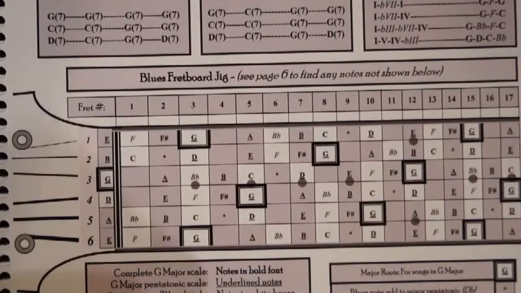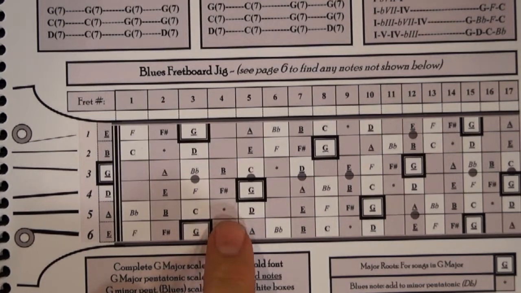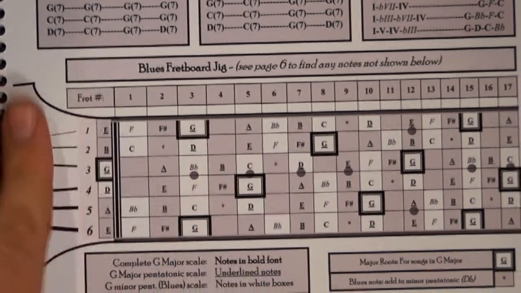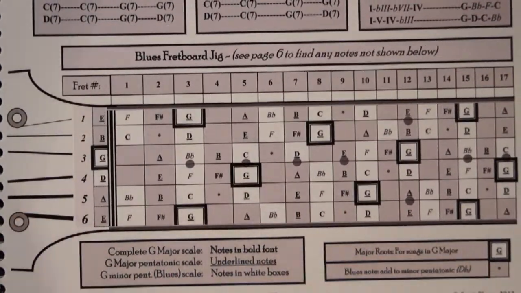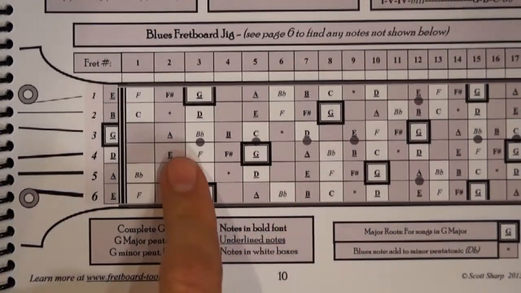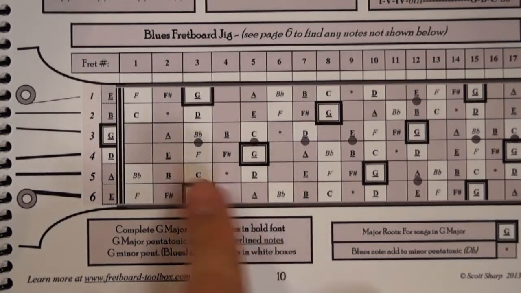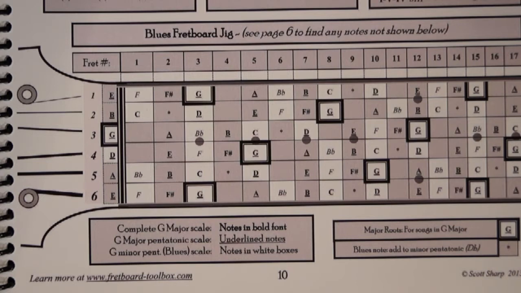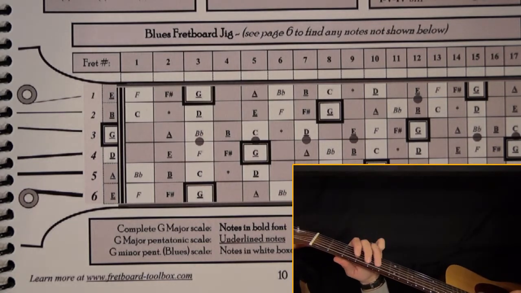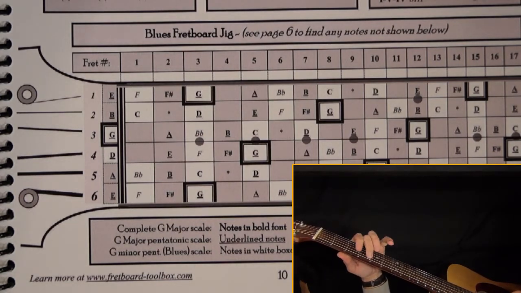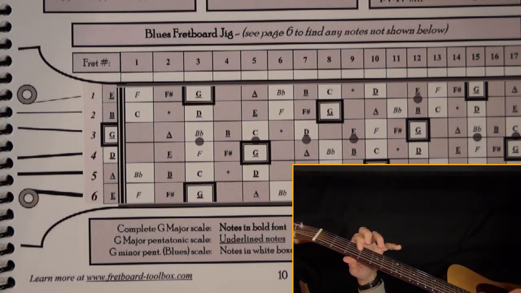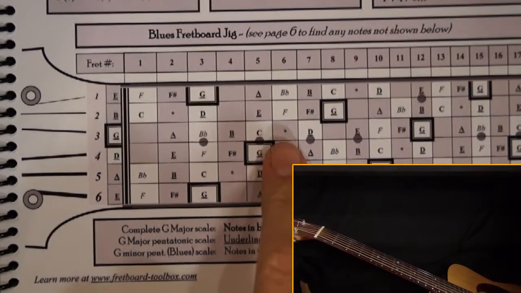So if I come down here and see where my D flats are, where my blues note is, anywhere there's an asterisk, I can add that note in too. So if I play G, B flat, C, D flat, D, it looks like this. Listen to that D flat. That's adding this D flat here.